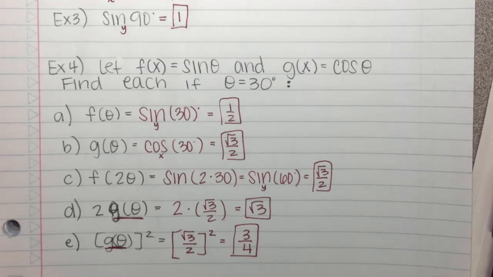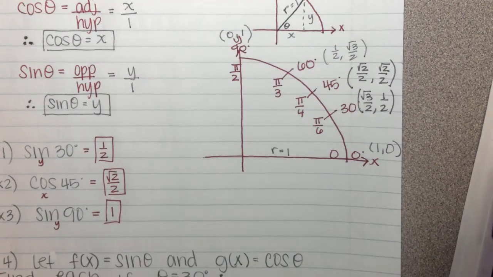Alright, last thing I need to teach you is, do you think these are only in the first quadrant? But I only taught you the first quadrant. How do we do everything else? It's going to reflect. So let me show you this real quick.